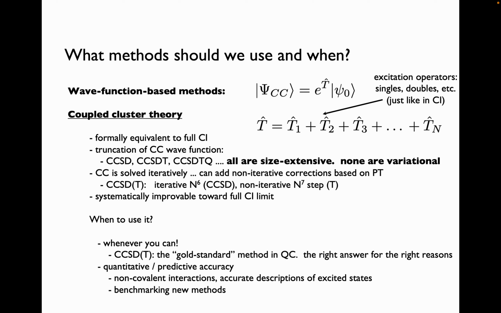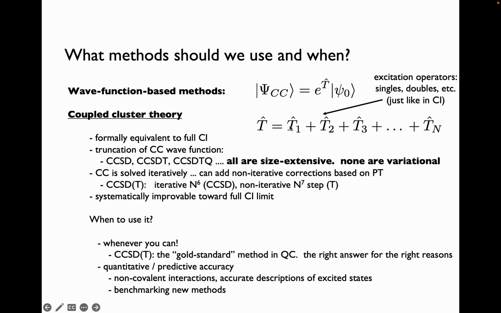A typical thing to do is I could say T hat in principle should include all the way up to n-order excitations, where n is the number of electrons. But then, as I've seen in configuration interaction, that gives me this gigantic space of determinants to work in. So what I typically do is truncate at some smaller order of excitations, typically at T2, which includes doubles excitations.